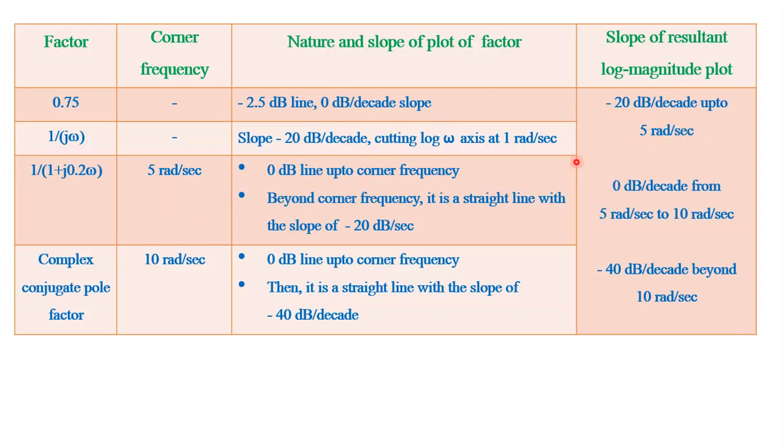Thereafter, this minus 20 dB per decade will be added to this slope after 5 radian per second, so minus 20 plus 20 is 0 dB per decade from 5 to 10 radian per second. Why? Because at 10 this is going to change the slope to minus 40 dB per decade from 0. Therefore 0 plus minus 40 is minus 40 dB per decade beyond 10 radian per second.